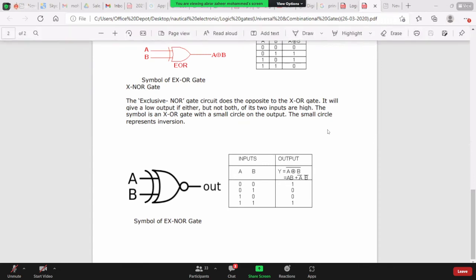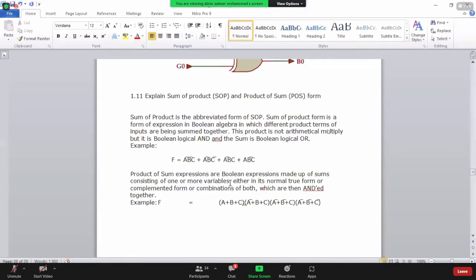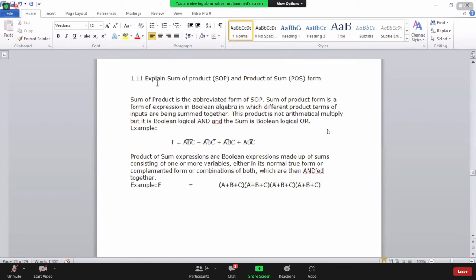We will see the next topic now. So next is sum of products and product of sum. Okay. So you know this, what is SOP and POS?